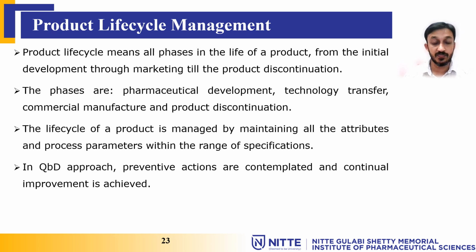So the phases of product lifecycle are pharmaceutical development, technology transfer, commercial manufacture, and product discontinuation. The life cycle of a product is managed by maintaining all the attributes and process parameters within the range specification. Throughout the product life cycle, the product has to be of adequate quality by meeting all specifications.